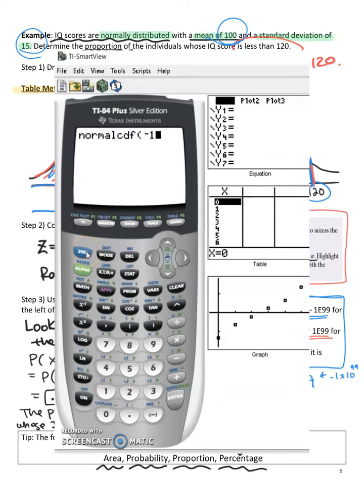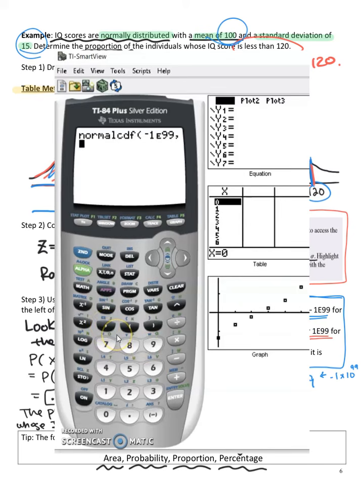So you press second, and then you press comma. That will give you the scientific notation E right here. You see in blue, the double E's, that's the one you want. Then type 99. So that's negative 1E99. And then I'm going to press comma.